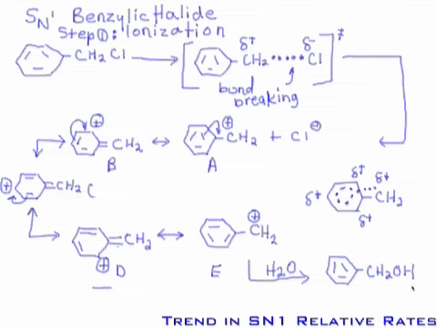The trend in reactivity parallels the trend in carbocation stabilization. That is, if I was to write down a trend for carbocation stability, even with inductive electron donation, hyperconjugation, and steric assistance, tertiaries are less stable than allylic and benzylics that have resonance.